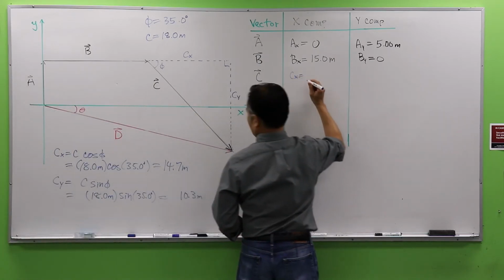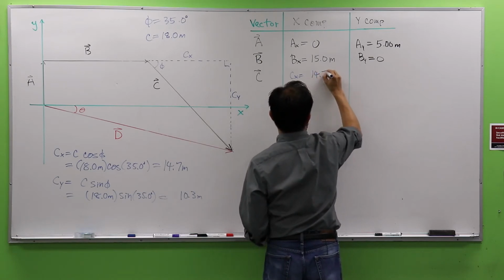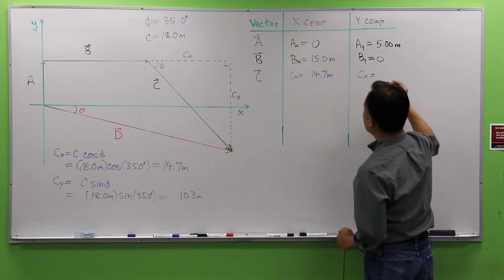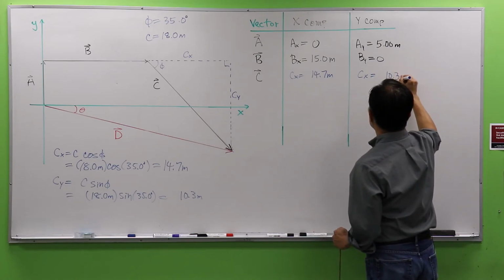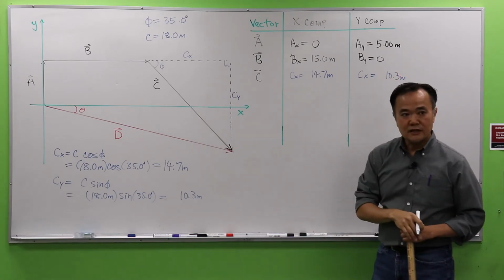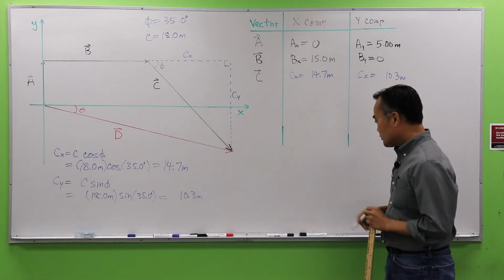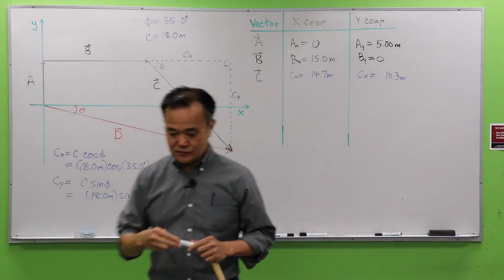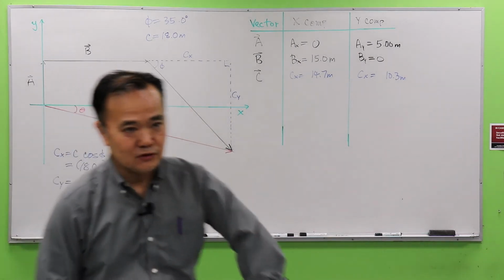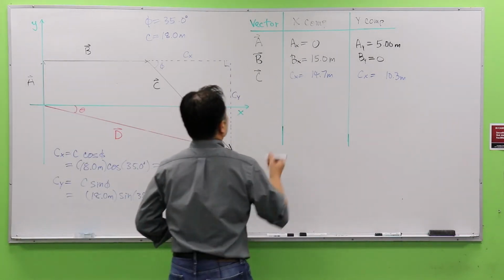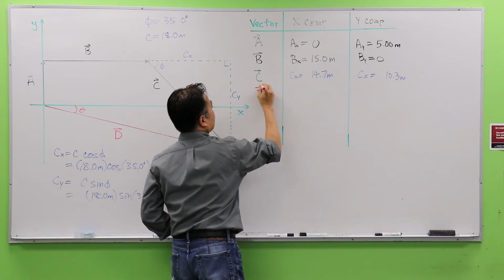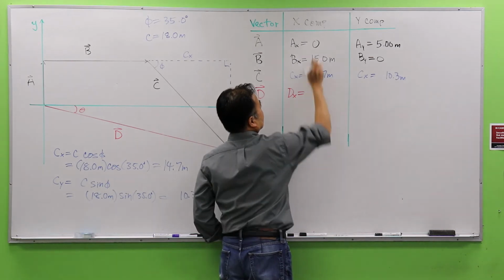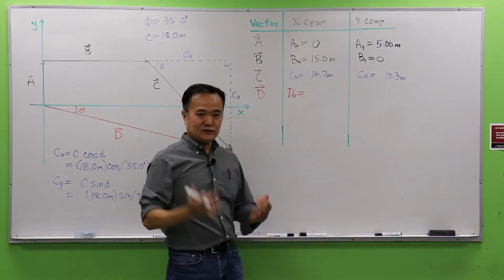X component is 14.7 meters, and the y component is 10.3 meters. Okay, so that is fantastic. Allows us to move to finding what the vector D is, because the x component of D is these three things added together.